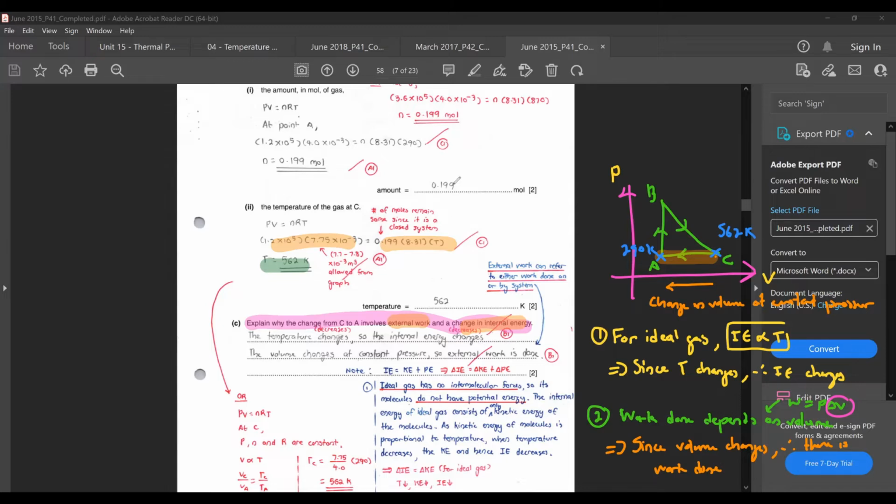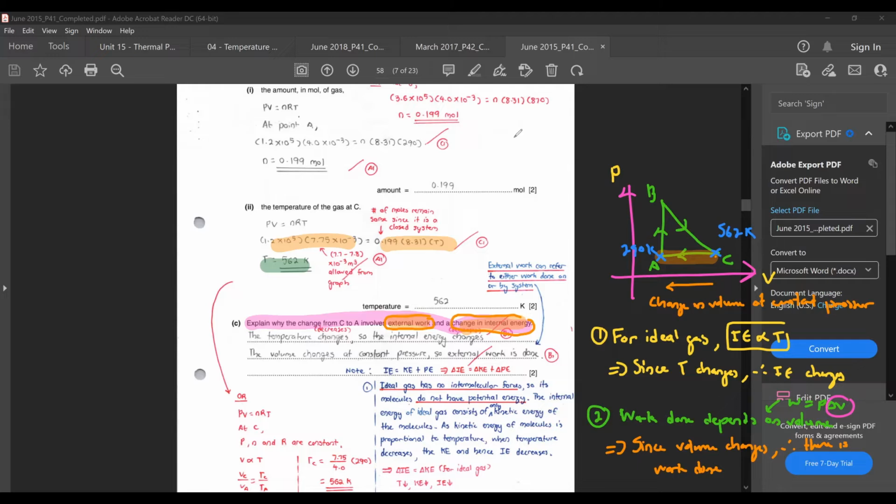Okay, now they just really want you to state whether there is any external work or not. You don't really need to go the extra step to explain whether work is being done on the system or by the system. The same also goes with the changes in internal energy. You don't really need to explain whether the internal energy is increasing or decreasing.